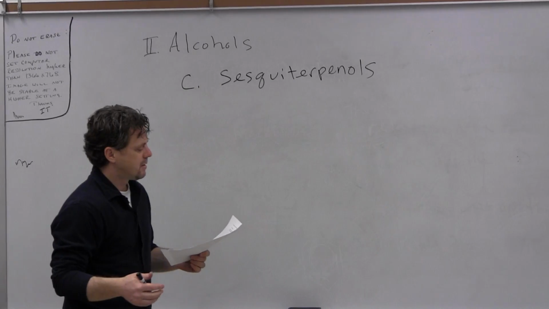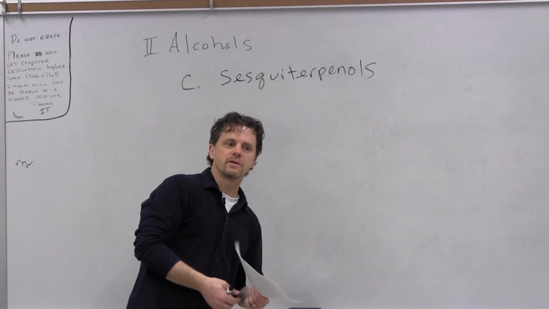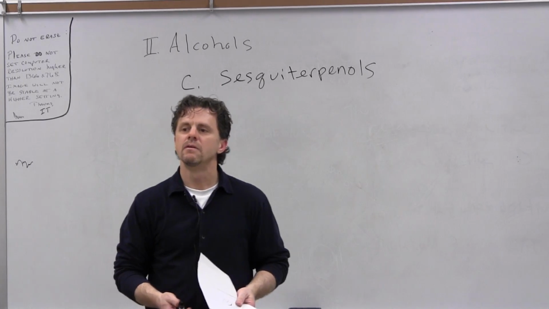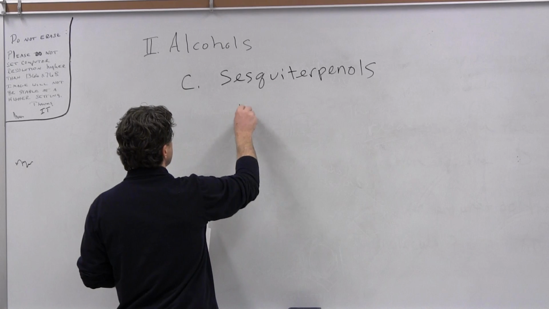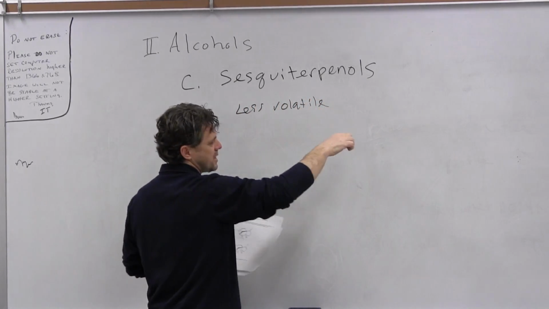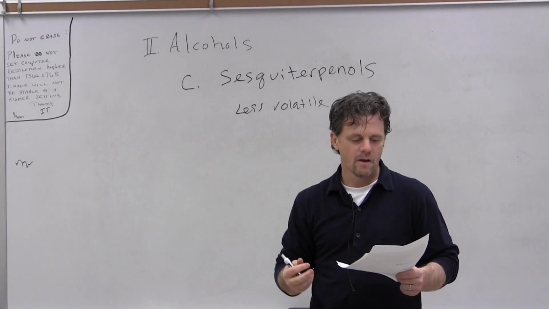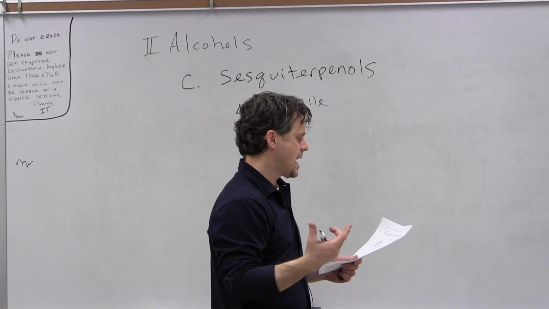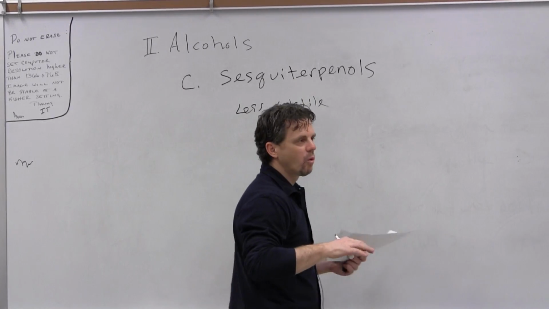Sesquiterpenol properties are, obviously they're bigger molecules. They're going to be less volatile than the corresponding monoterpenes. Tend to be thicker in consistency, less reactive, milder smelling, typically more woody.